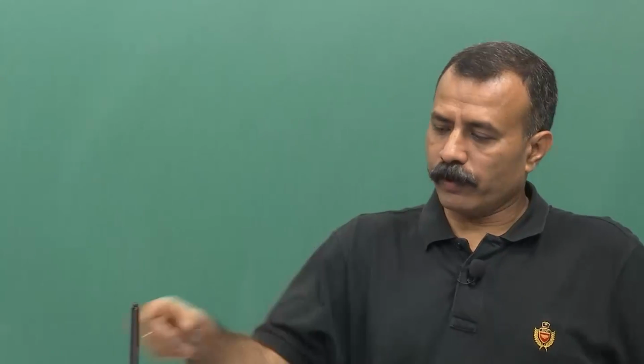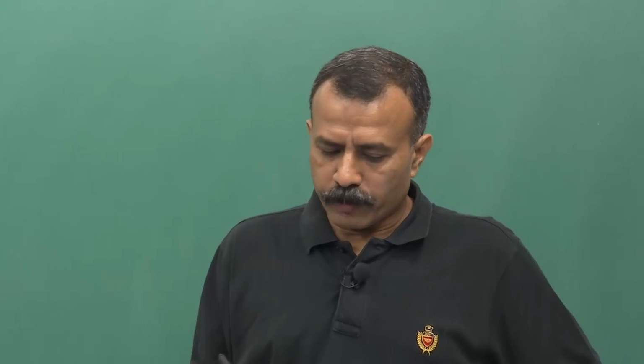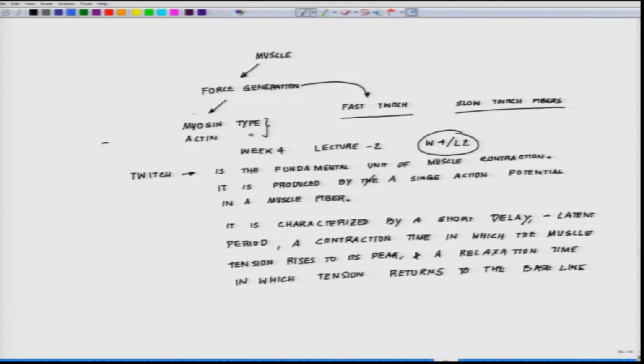Step 1, if you remember, I told you they could be classified based on the myosin subtype. So, the fast will have a different configuration as compared to the slow, because in the fast, the y axis is showing the force, whereas in the slow you have something like this.